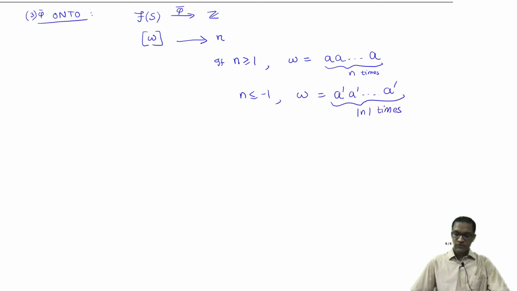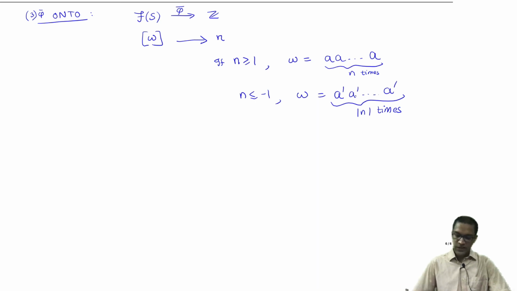Observe, this is the first word, if I look at phi bar, which is number of A's minus A primes, it's n for the first word, because it's n minus 0, there are no A primes. For the second word, it's 0 minus modulus of n.